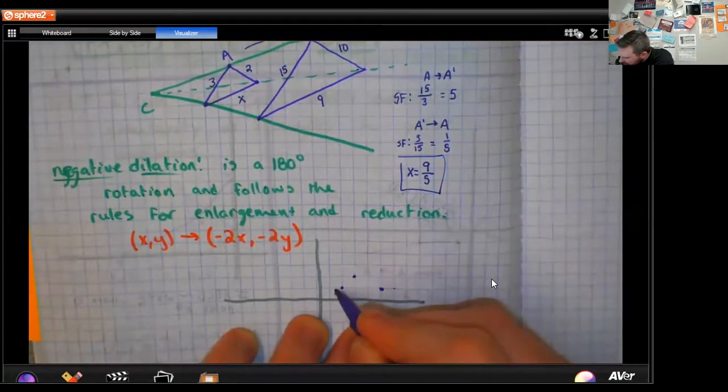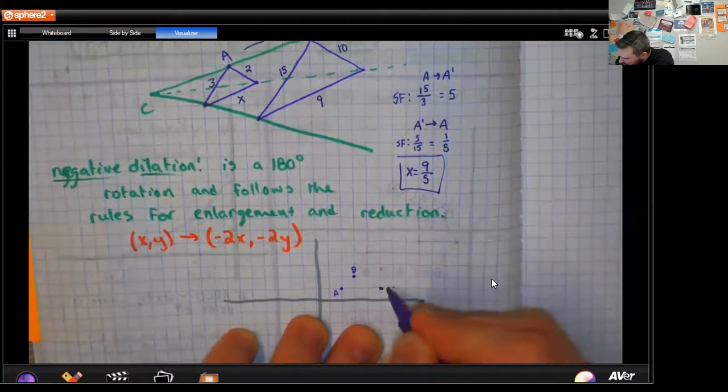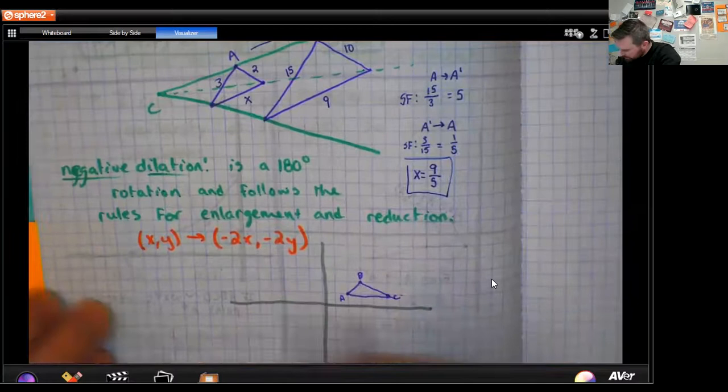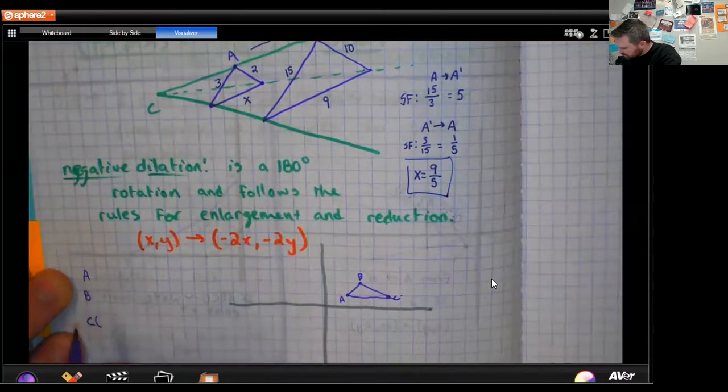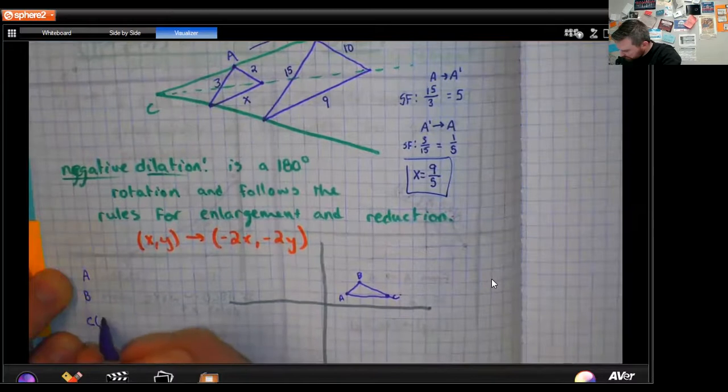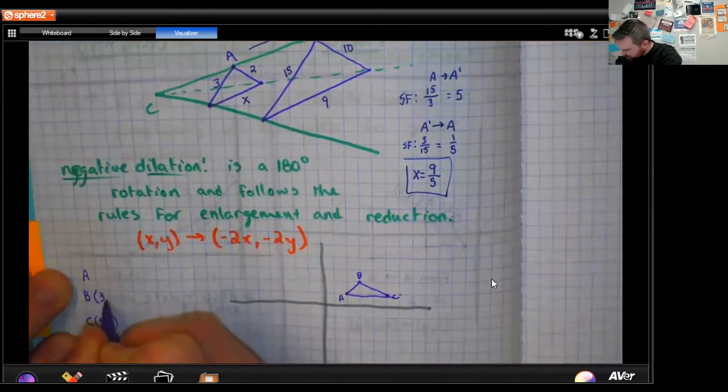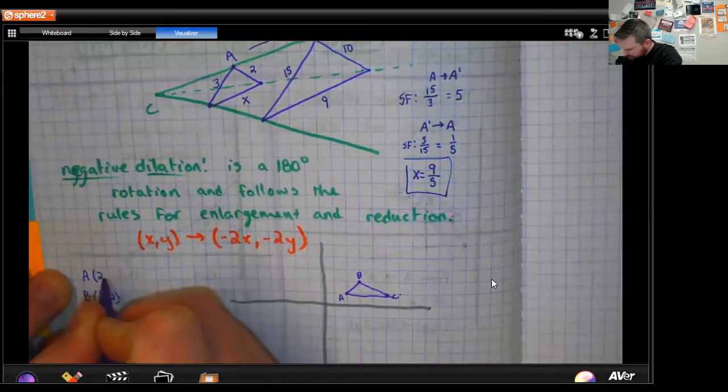So we'll look at A, B, C. Okay, so over here, we're going to put A, B, C. C is at 1, 5. B is at 3, 2. And A is at 2, 1.